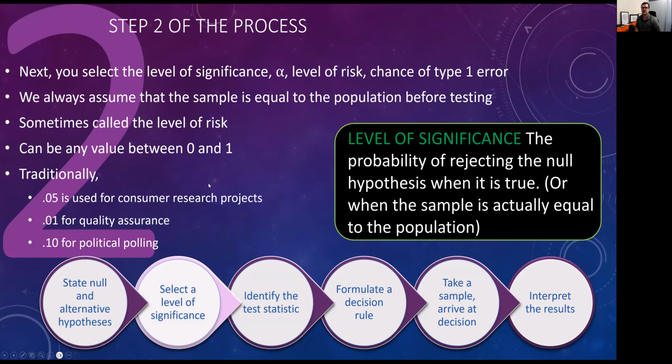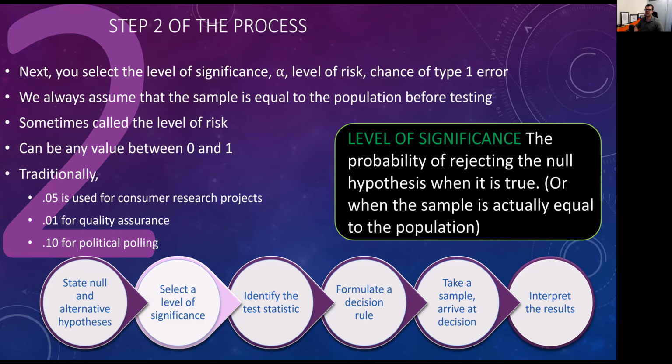Okay, next, step 2, we're going to select a level of significance. In other words, I want to know how confident do I want to be? How willing am I to be wrong? It's also known as a level of risk, chance of type 1 error.